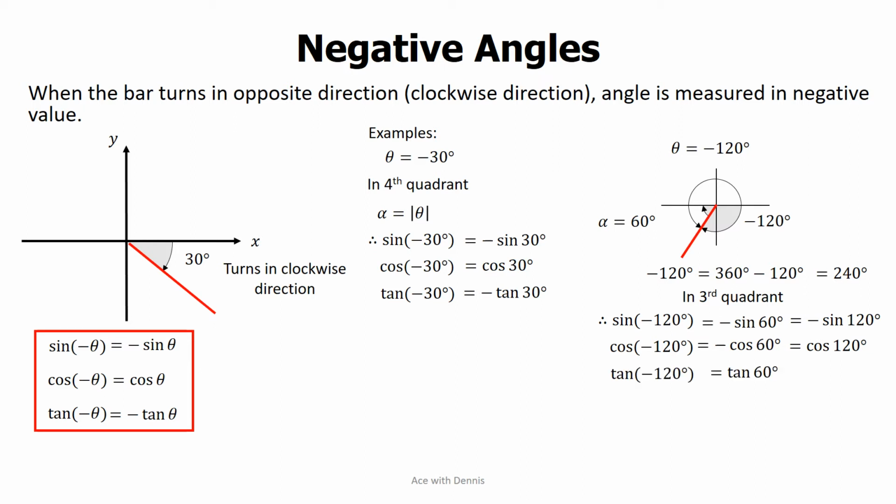Tangent negative 120 degrees equals tangent 60 degrees, or equals negative bracket negative tangent 60 degrees, or it is equal to negative tangent 120 degrees.